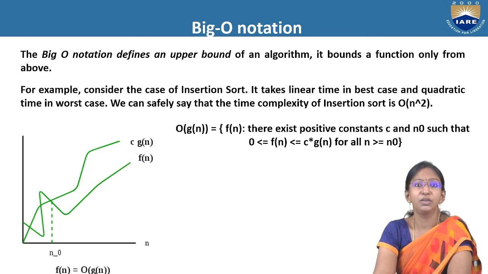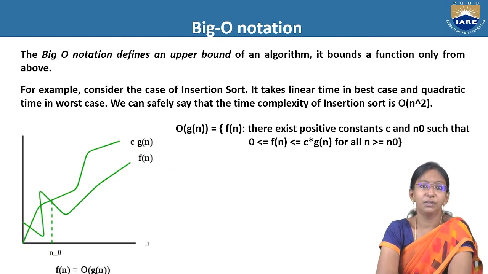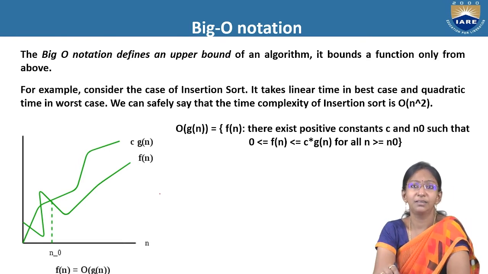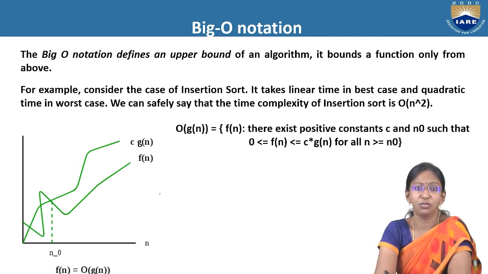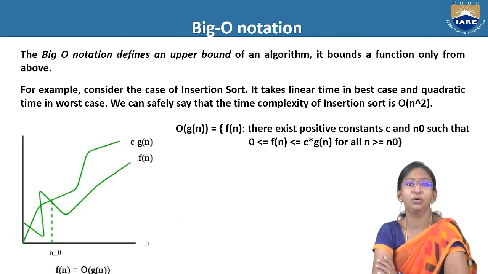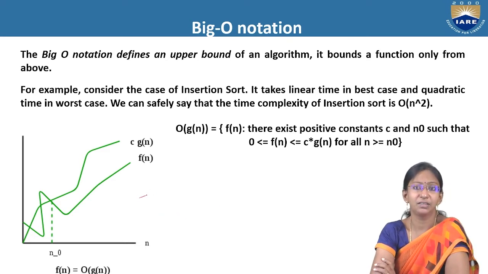Next is big O notation, where the complexity we consider is based only upon the upper bound. For example, taking insertion sort, the lower bound is going to talk about the best case.